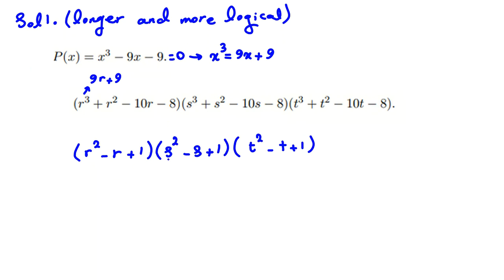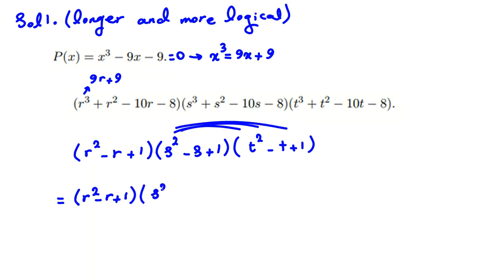If you don't want to use any creativity and only multiply, I will tell you something. When I tell you solution number two, you will see that in this solution too you can do something to reach a shorter solution. But here I don't want to use any creativity, I just want to multiply. So first, r squared minus r plus 1 times: you multiply s squared to all of them.